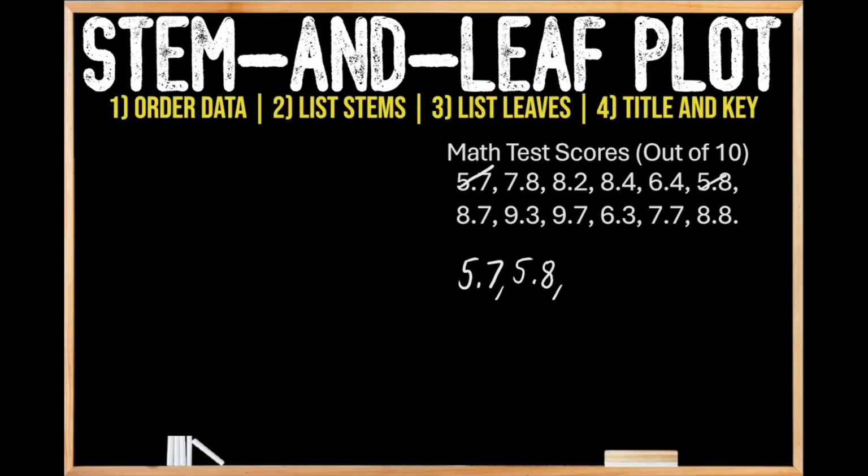Then we have 6 3/10. Then we have 6 4/10. Then we have 7 7/10. Then we have 7 8/10. Then we have 8 2/10.